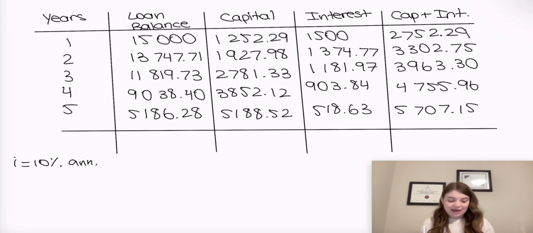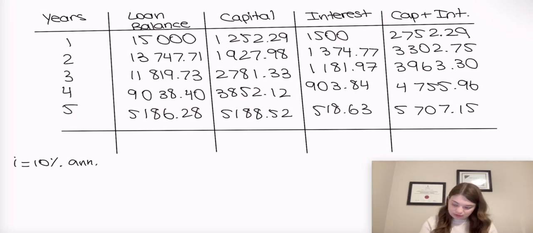Okay, so now if we add up all the capital, we're going to get somewhere around $15,000 because that's our overall loan balance. If we get a couple dollars extra, a couple dollars less here and there, probably just some rounding error there, and that's fine.